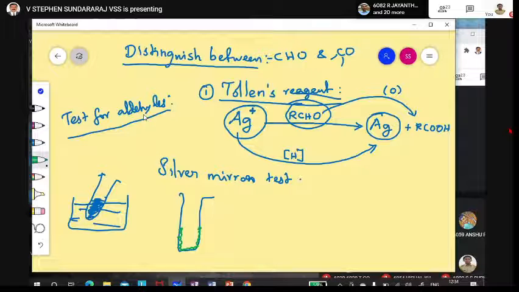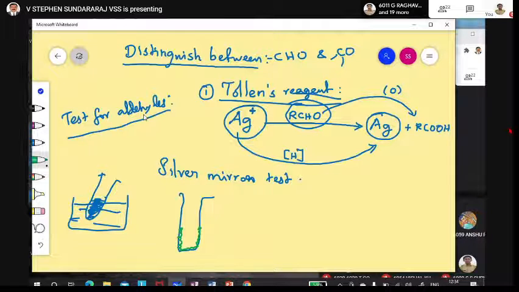Difficult means for Tollens reagent it is not capable. So write down the reasons why ketone cannot be oxidized by Tollens reagent. Point number one: Tollens reagent by nature is a mild oxidizing agent. And ketone converted into carboxylic acid needs breaking of the C-C bond, which has a relatively high bond enthalpy. In aldehyde only the C-H bond is broken. These are the reasons.